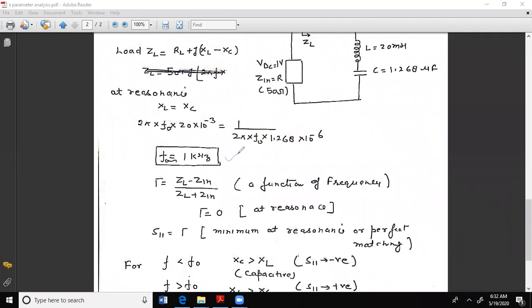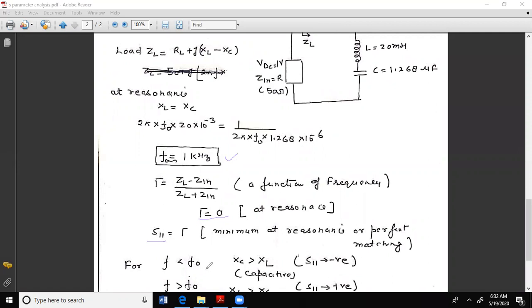In the simulation we show that the reflection coefficient is 0 at 1 kilohertz, and the reflection coefficient is equivalent to S11. So its value is minimum at a frequency of 1 kilohertz.